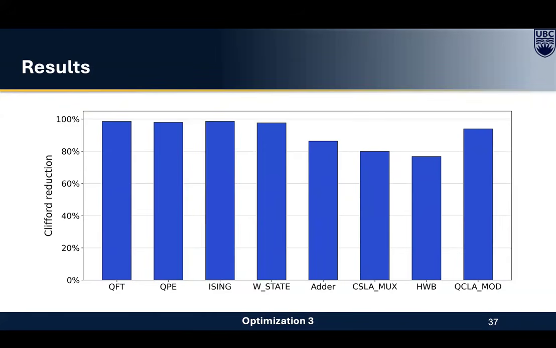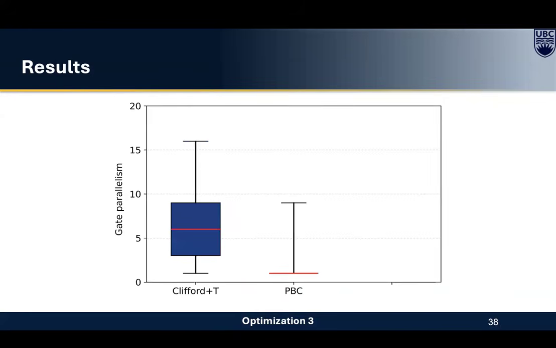So this is what we end up with, but still we are achieving around 80% or higher Clifford reductions. More importantly, we're doing this without sacrificing the overall gate parallelism. So we have almost the same gate parallelism as the original Clifford plus T circuit. Overall, the runtime of our proposal, along with the hardware-software co-design, is much better than just sticking to either the baseline Clifford plus T or the PBC case.